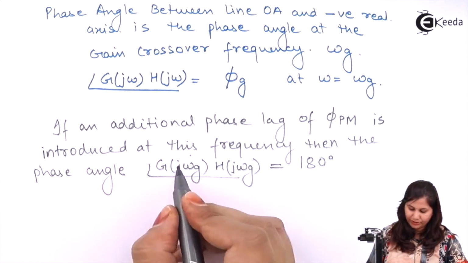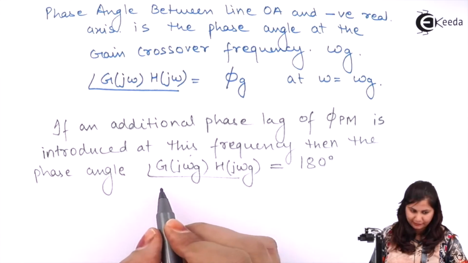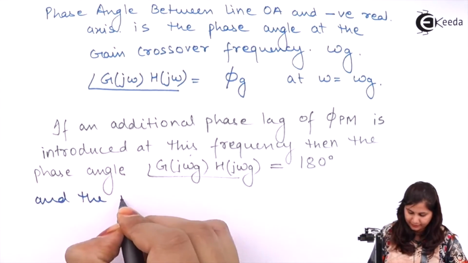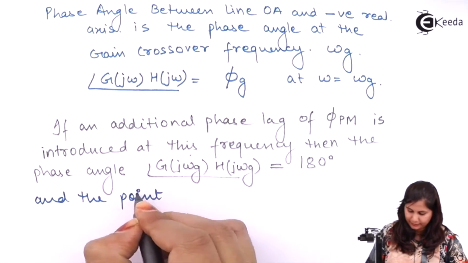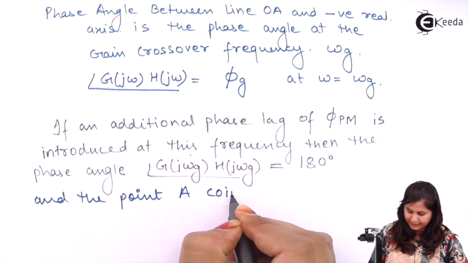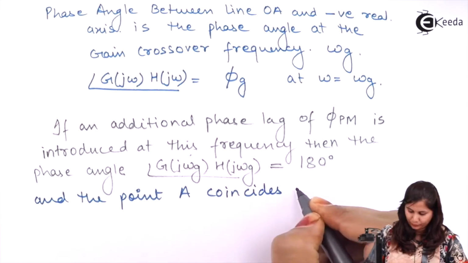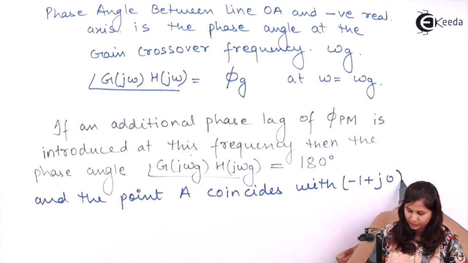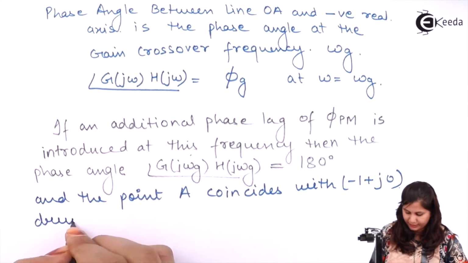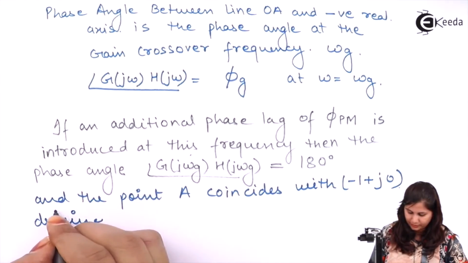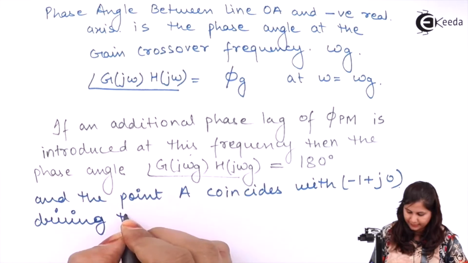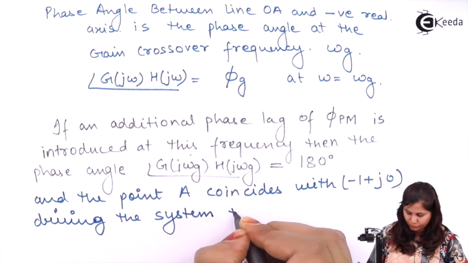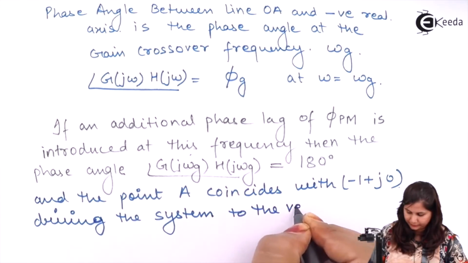If it is introduced at this frequency, then the phase angle will become 180 degrees, and the point A coincides with -1 plus j0, driving the system to the verge of instability.